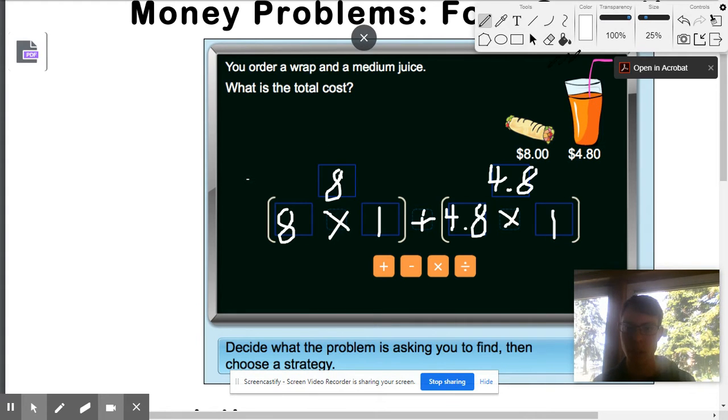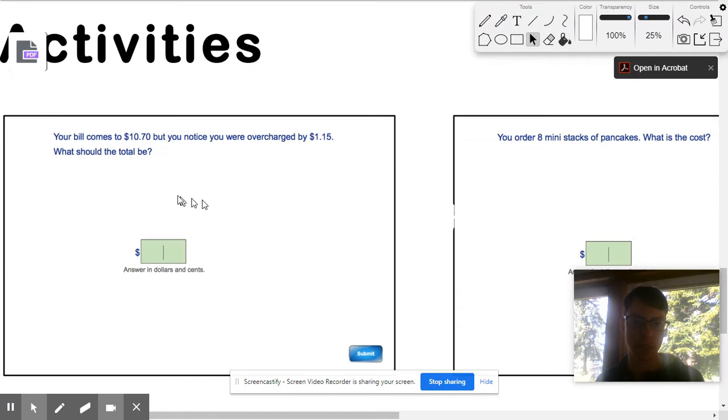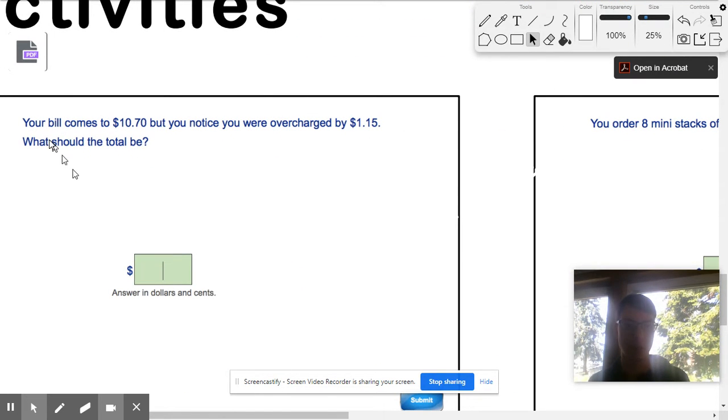Now, looking at a question like this is pretty simple. It's just adding. So let's take a look at a more challenging question here. Okay, we have to think a little more. Your bill comes to $10.70, but you notice that you were overcharged, meaning they charged you too much and you paid too much. You are overcharged by $1.15.